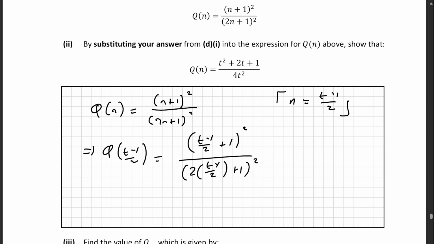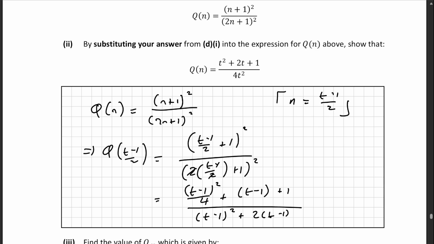Okay, t minus 1 squared on 4 plus 2 times that, so it's just going to be t minus 1 plus 1 all over 2 times, they're going to cancel, and we just have t minus 1 squared plus twice the product, so 2 lots of t minus 1 plus 1.